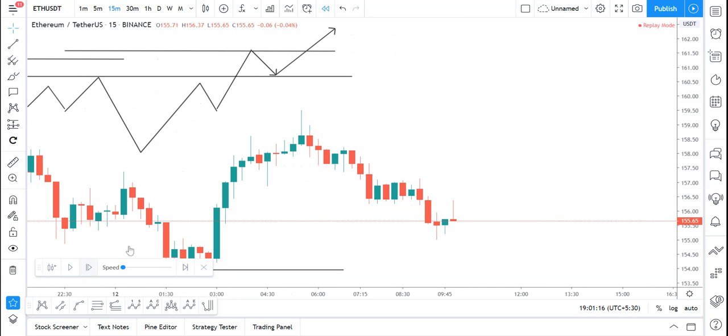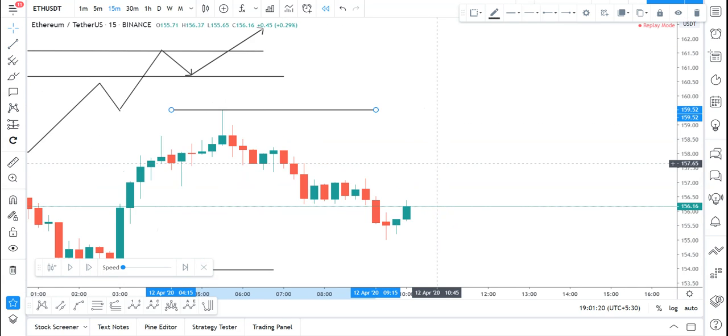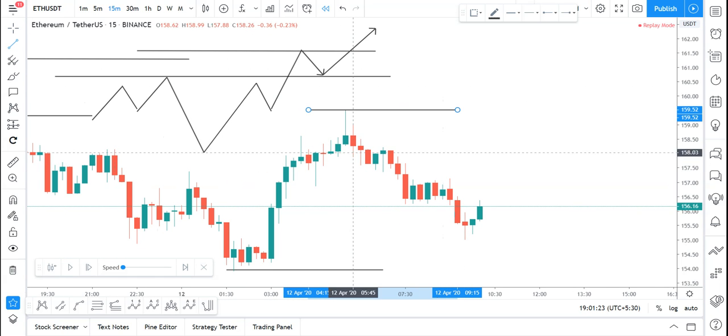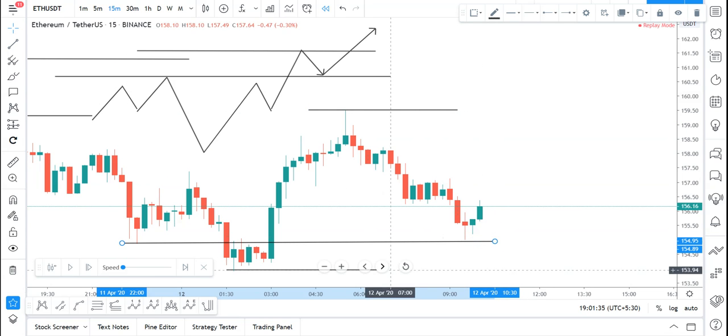It's making candles like this. Now we have a new resistance here, and we cannot call this a resistance because there are too many points there, but we can definitely call this a new support. So one resistance and two supports are there right now. Let's move more forward.